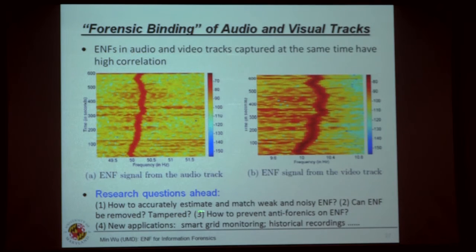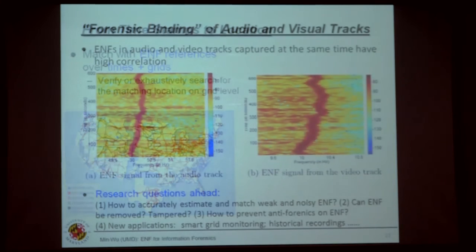Our answer is that it's easy to remove, but if we want to make a forgery of a valid ENF without leaving other traces, it's much harder. We have some work published in the security conference of ACM looking at these anti-forensics and countermeasures. We will also look at some additional applications later in the talk.